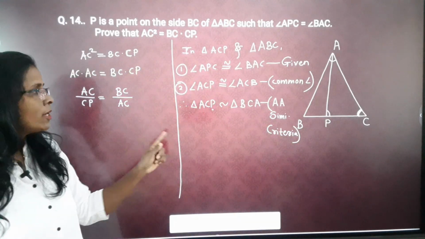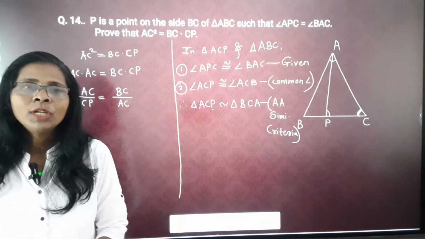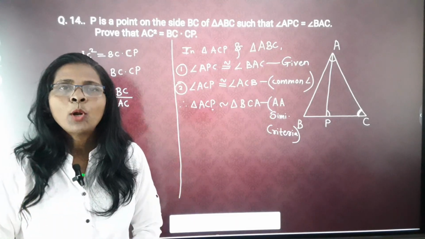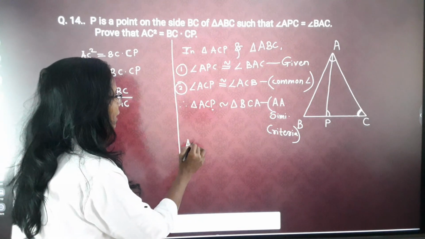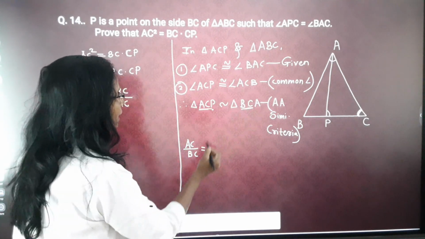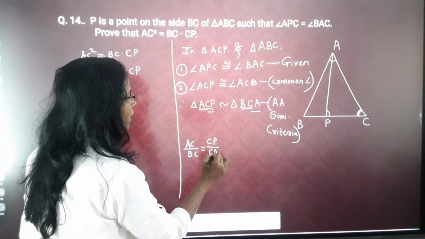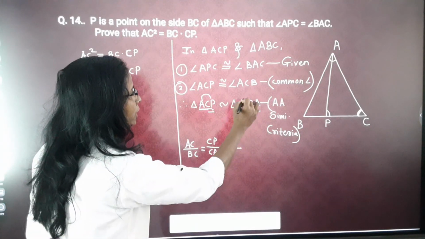Now as triangle ACP is similar to triangle BCA, we can write that their corresponding sides' ratios are equal. So AC upon BC is equal to CP upon CA is equal to AP upon BA.